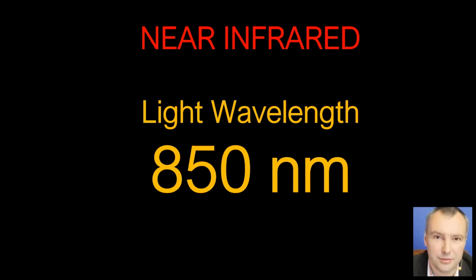The wavelength of the light that DiagnoCam is working on is 850 nanometers. So this is a so-called near infrared wavelength. It's out of our visible wavelengths, so we cannot see this kind of light, but it is there. It requires a special camera that is built into DiagnoCam to see that image.